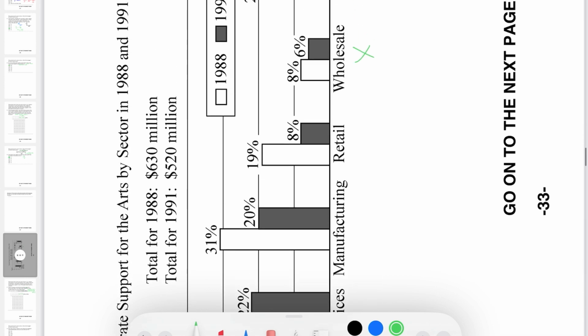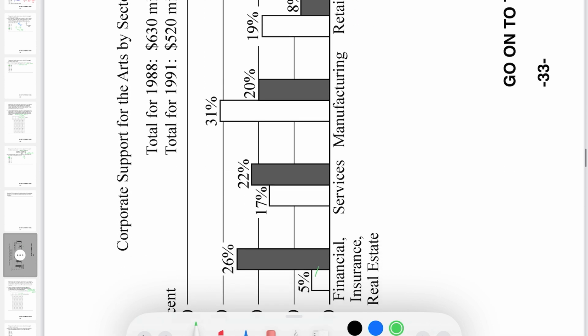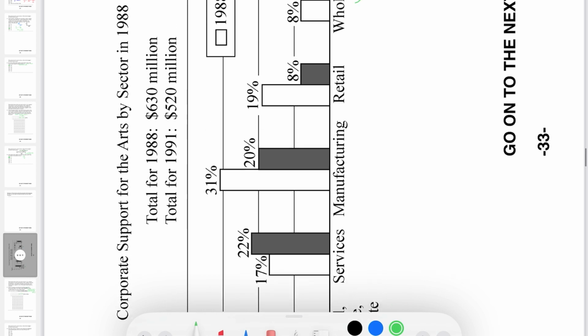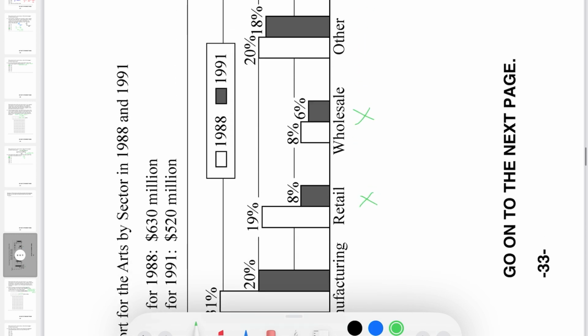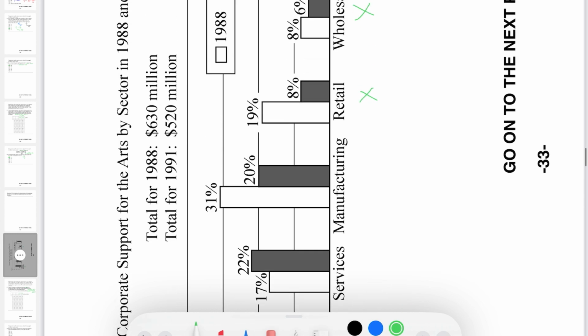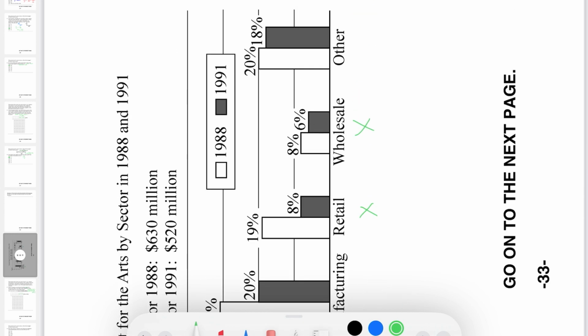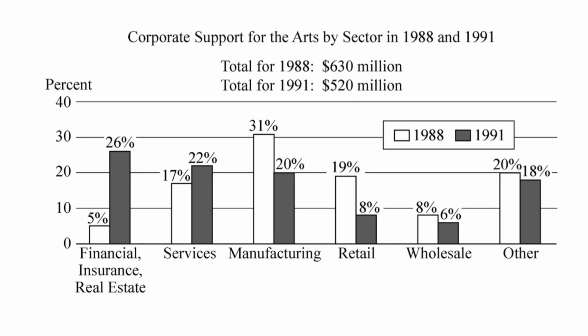But the way I would check this, definitely financial because they have 5%. And retail 8%. So we're left with services, manufacturing, and other. So I think right there we can see that they're probably services, manufacturing, and other all fit into this category.